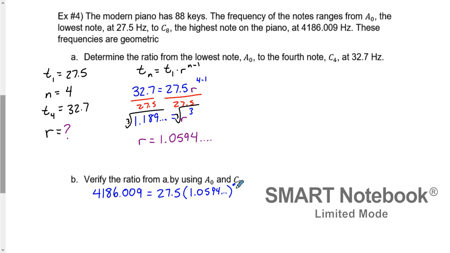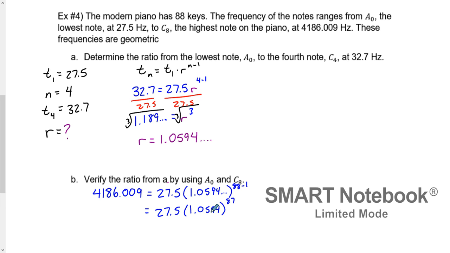Since C8 would be the 88th key, this is the one case where we're actually looking for 88 minus 1. I'm just going to quickly double check that, make sure I'm telling you the right thing. Yep, that is right. So if we take 27.5 and multiply by 1.0594 to the power of 87, because that's 88 minus 1.